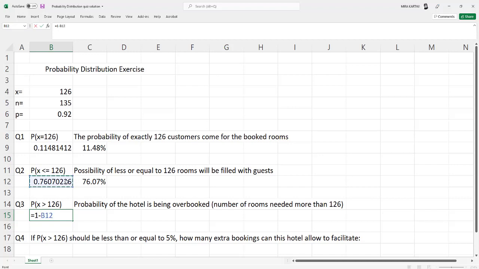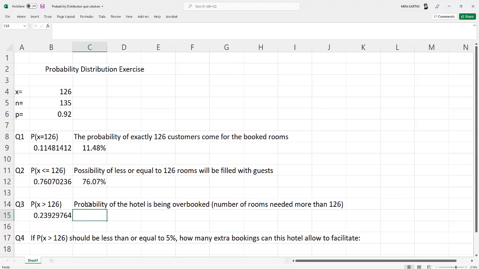So logically, if you want to know what if it's more, then more means that it is beyond 126. So we can check the possibilities of 1 minus this. So we have 23%.